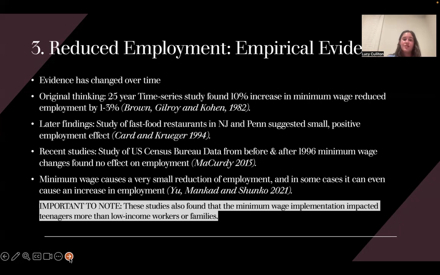So minimum wages overall seem to cause a very small reduction in employment that's almost negligible, and in some cases, it can even cause an increase in employment, like in the fast food study. It's important to note that these studies also found that minimum wage implementation impacted teenagers more than low-income workers or families, giving added impetus to the point that it doesn't achieve its aim of aiding the poor.